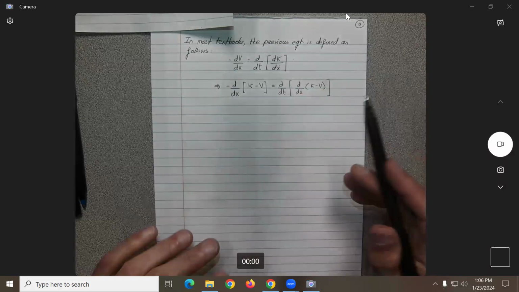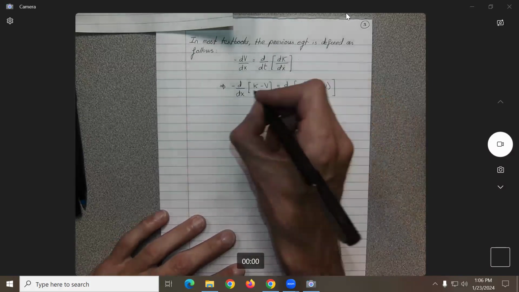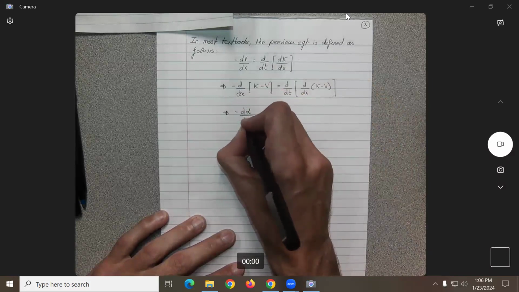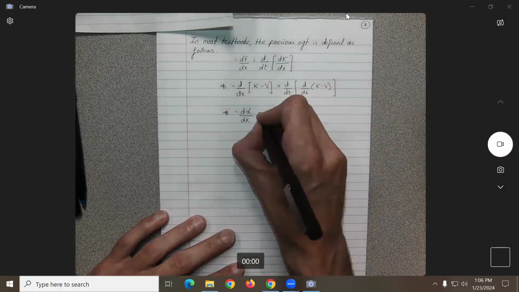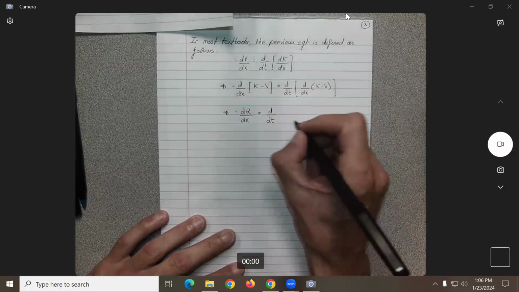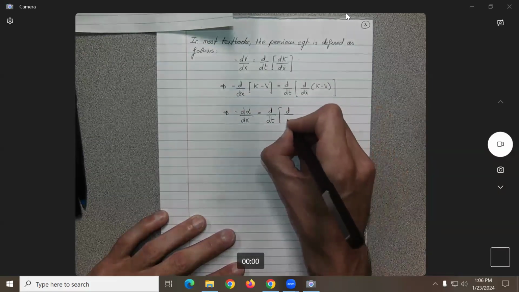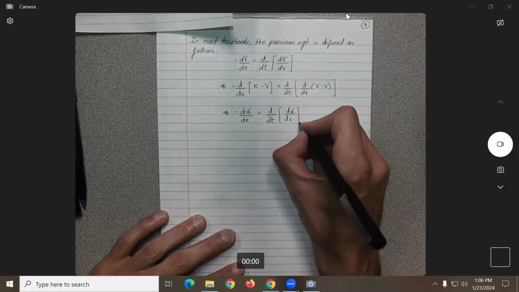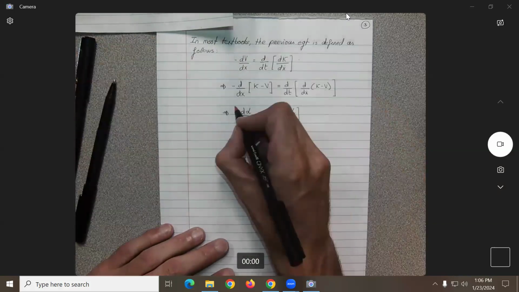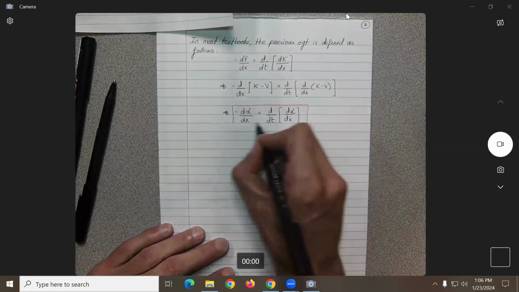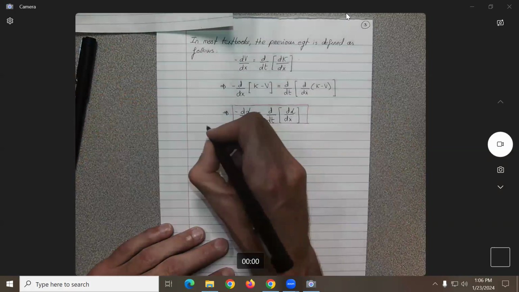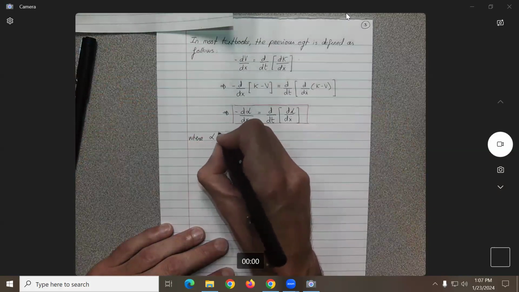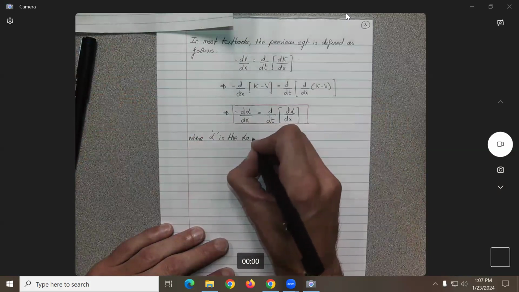I don't know why they presented it this way, but at the end you can write this as minus dL/dx equal to d/dt of dL/dx dot, where L is the Lagrangian.